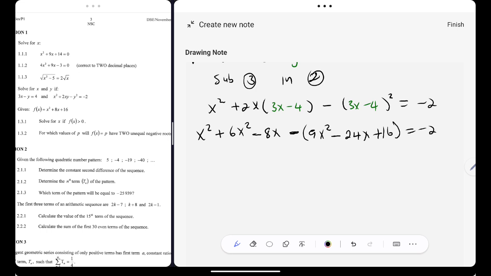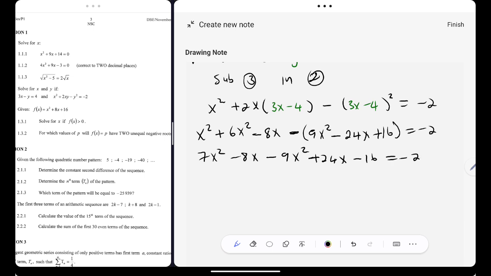Now I need to remove these brackets. I'll have x squared plus 6x squared. Why don't I just add these things? x squared plus 6x squared is 7x squared minus x minus 8x minus 9x squared plus 24x minus 16 is equal to negative 2.